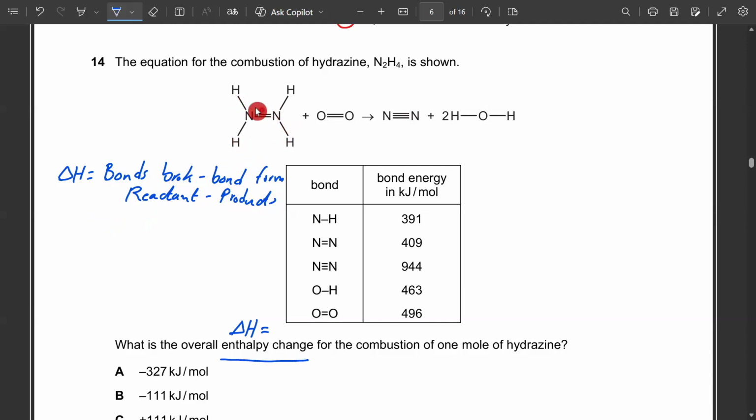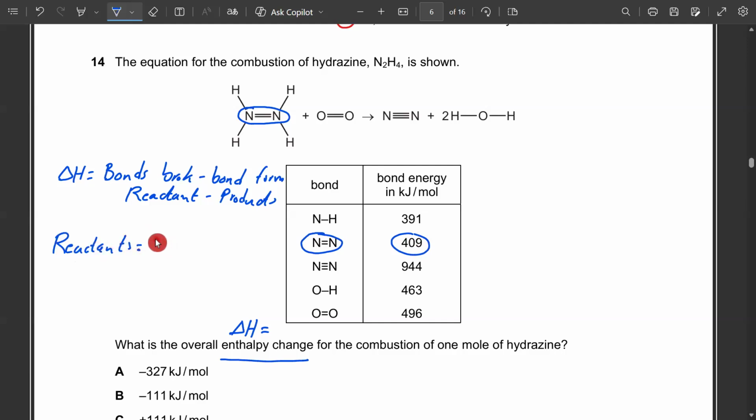In the reactants, we have the molecule hydrazine, N2H4, and this is the displayed formula of hydrazine. So use this displayed formula to find the value for the hydrazine molecule. We can see that in hydrazine we have one bond of nitrogen to nitrogen, which is a double covalent bond. So the double covalent bond value is 409. So I'm writing the reactant values separately.